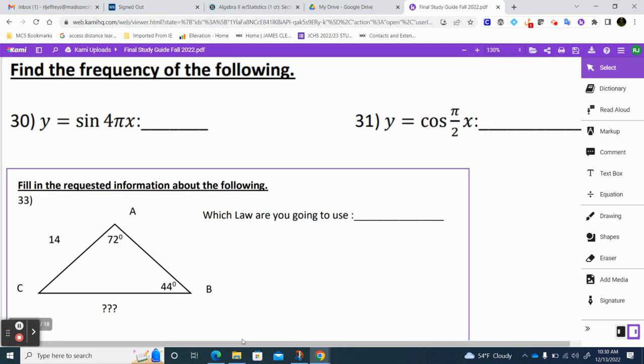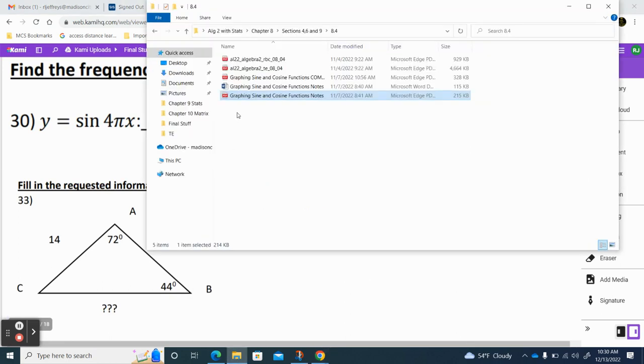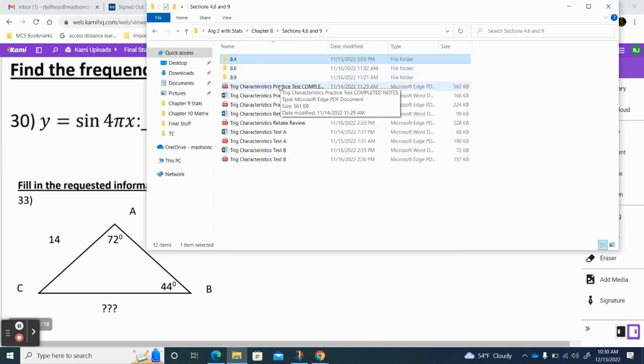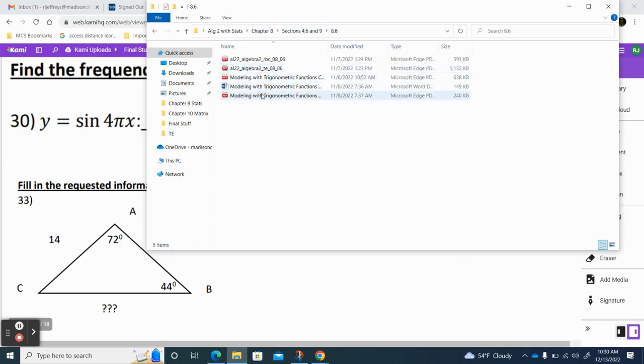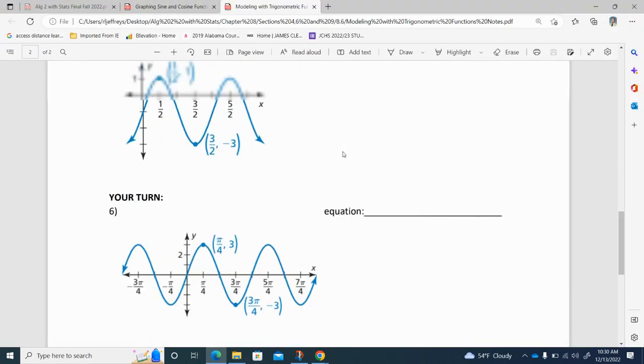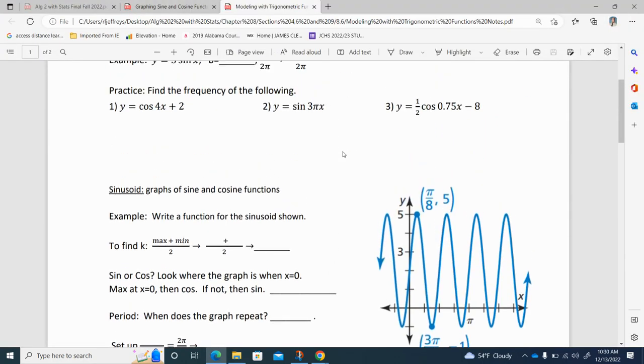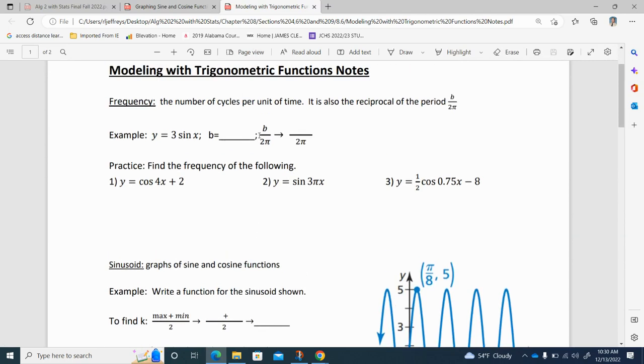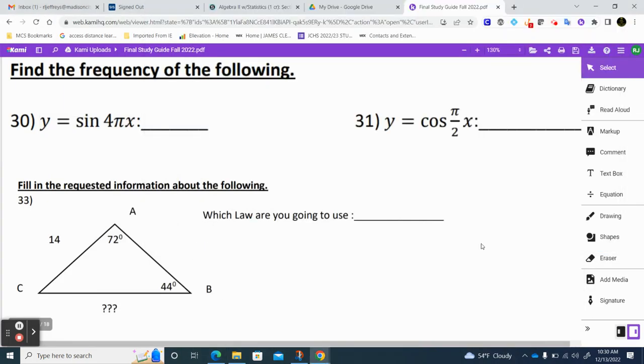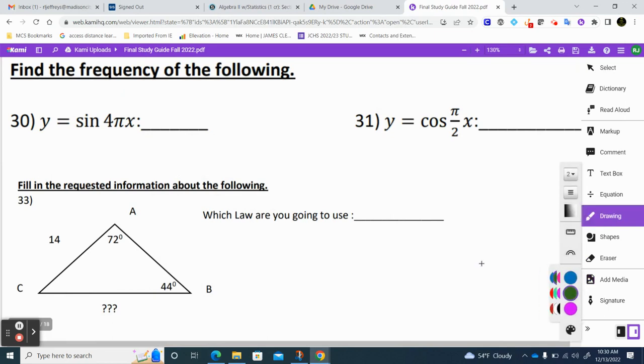Okay, so frequency. To find the frequency, this is b over 2 pi. Well, this one right here is our b. So I have 4 pi over 2 pi. I wonder what I get. 2.